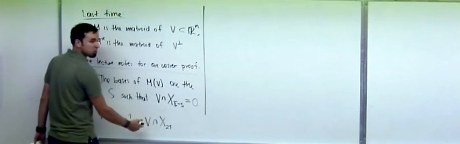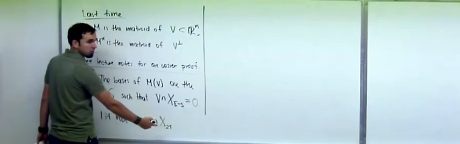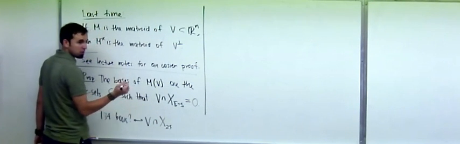This is a 3-dimensional space. This is a 2-dimensional space. So generically, in 5 dimensions, they intersect in the origin only.